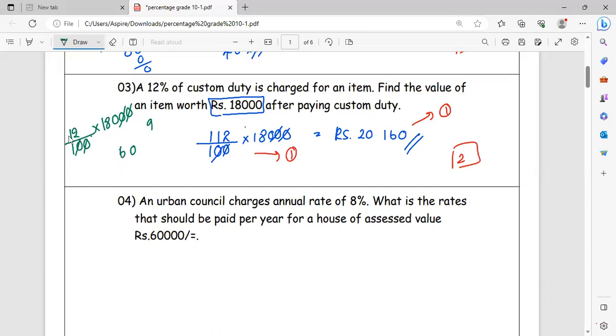Then you have to add this custom duty to the worth of the item. 18,000 plus 2,160 is 20,160. By this method also you can obtain the answer.